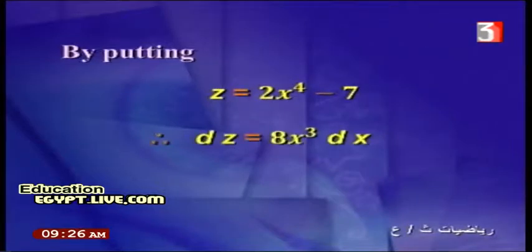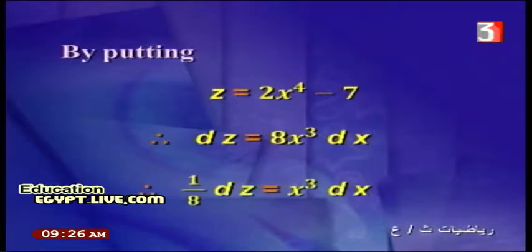By putting z equals 2x power 4 minus 7, the expression inside the bracket equals z, and differentiating both sides, dz equals 8x power 3 dx, and the differentiation of 7 equals 0. Then 1 over 8 dz equals x power 3 dx. Now we can substitute in the original function.